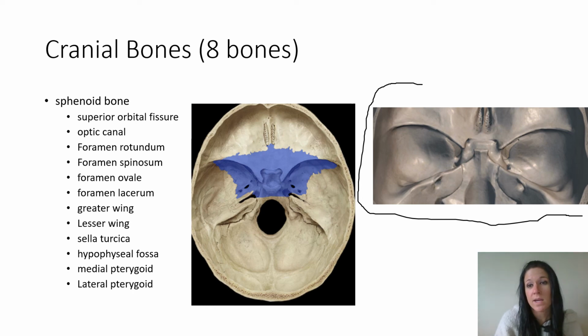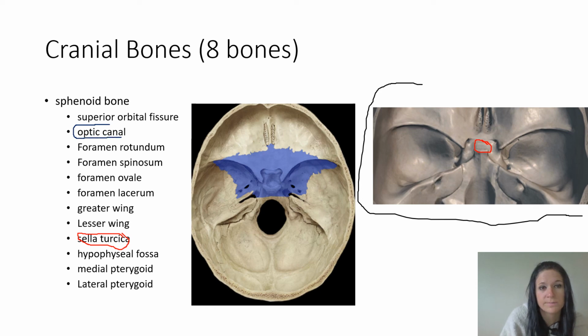Okay, so here is our sella turcica. And then let's do our optic canal in dark blue. So our optic canal, we now look under. We have these two little holes here.